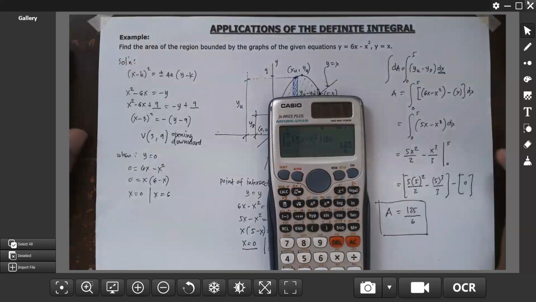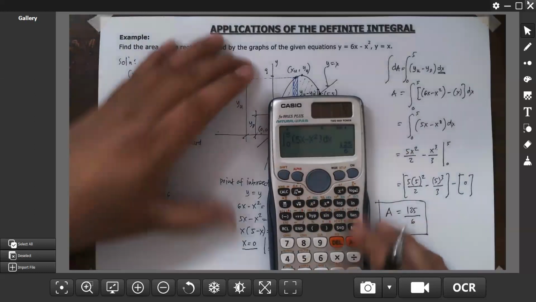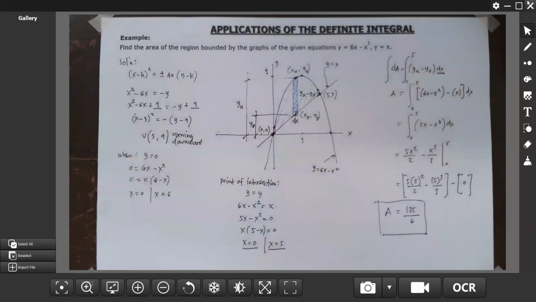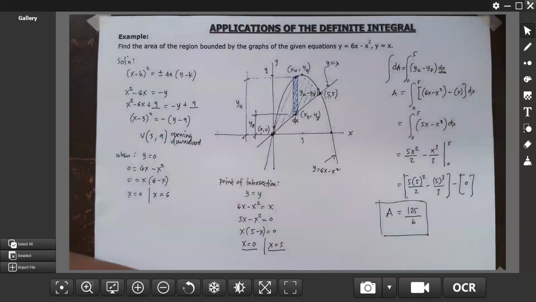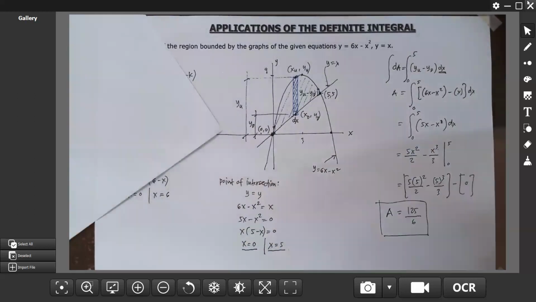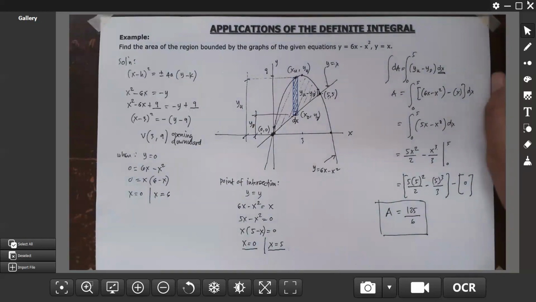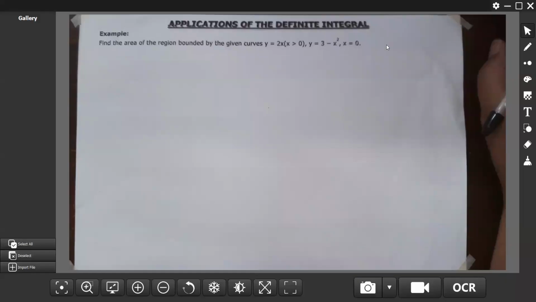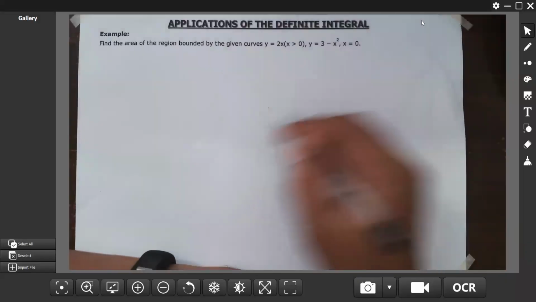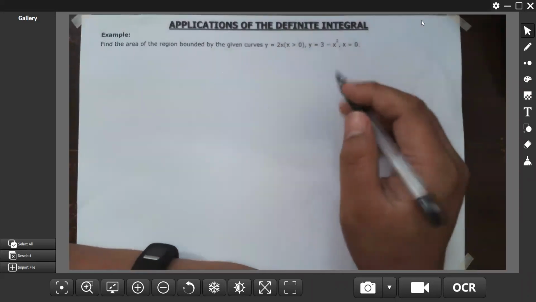So same lang. Okay, now another problem. Okay. Another problem is this.